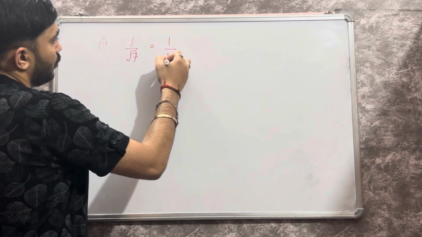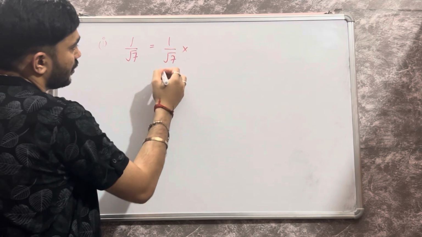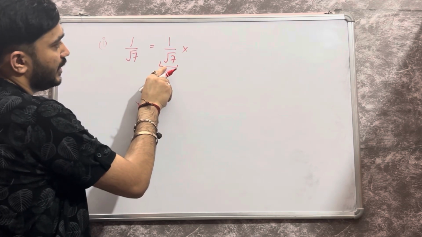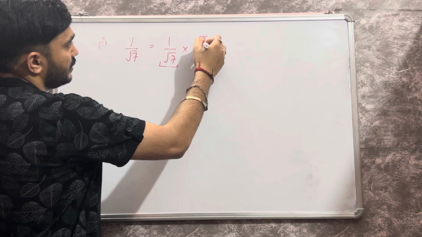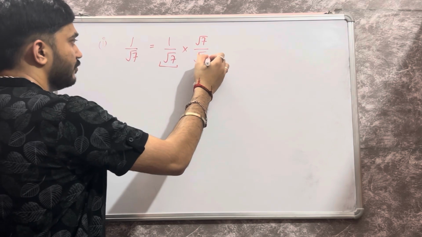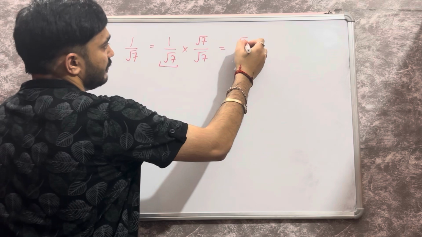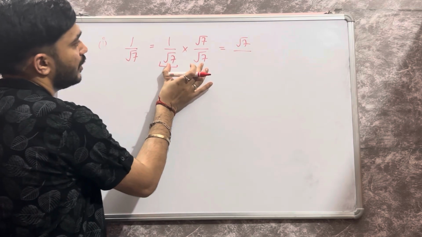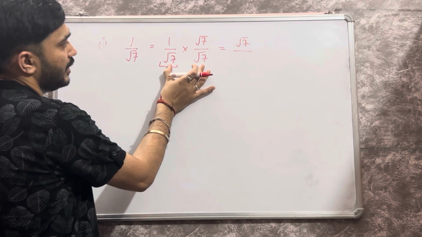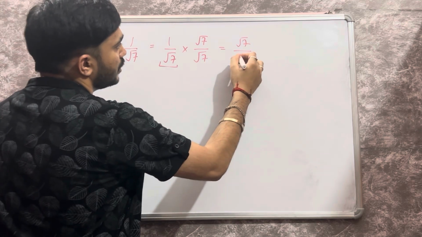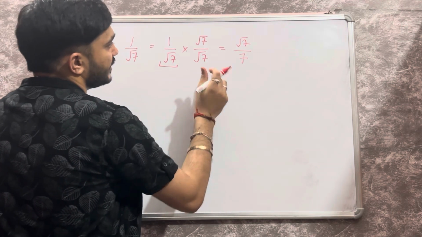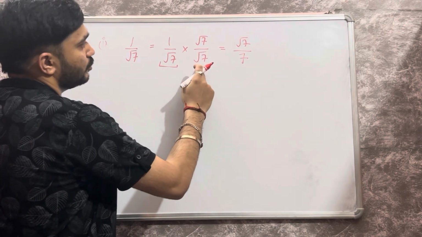Write 1 upon under root 7 as it is. See the denominator, and multiply it with that number and divide it with that number too. 1 multiplied by under root 7 is under root 7, and multiplying under root 7 with itself 2 times will give you a number inside that under root, that is 7.